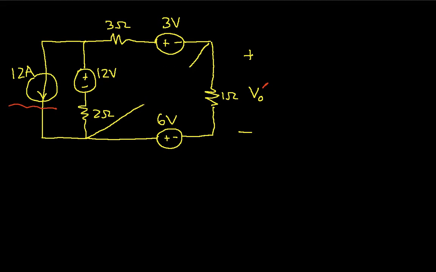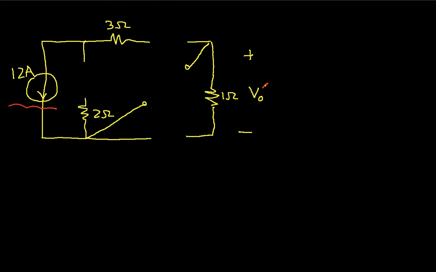I set a current source to 0 by just completely eliminating it, which I just did. So there's no connection. It's an open circuit. I set these voltage sources to 0 by replacing them with short circuits.